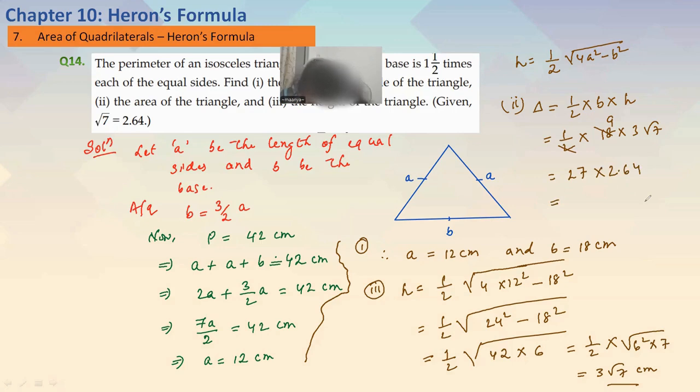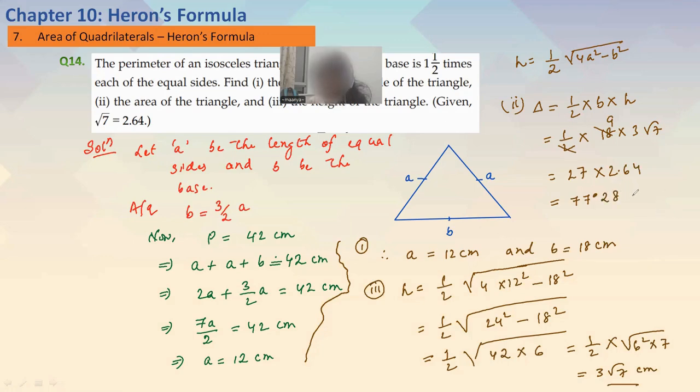Then the decimals come, so 71.28. Two decimal places, right?